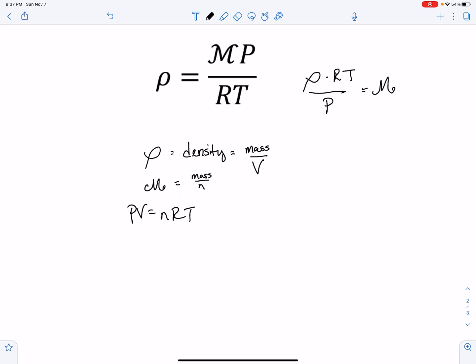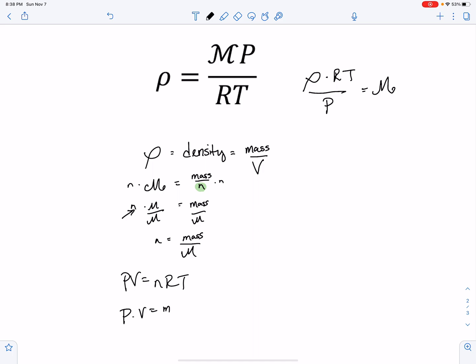So if we solve for moles, first of all, the way I'm going to do that is I'm going to multiply both sides by n. And I'll have M times n. And then I'm going to divide both sides by this term right here. So now I have something that I can substitute in right there. n is equal to mass over M.